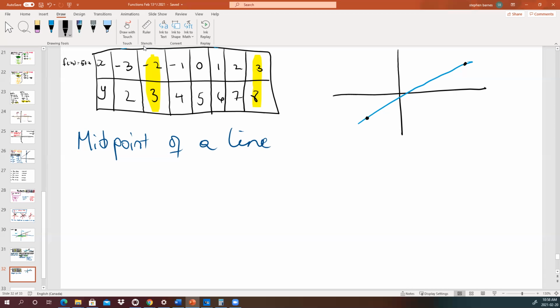I'm going to call this point A and point B, because it's a midpoint between point A and point B. So point A is, the X value comes first, so that's (-2, 3).